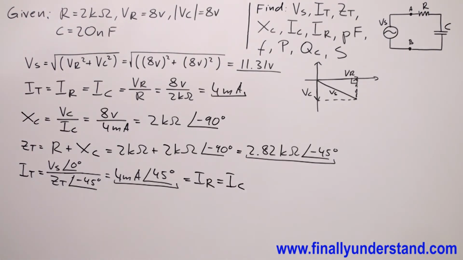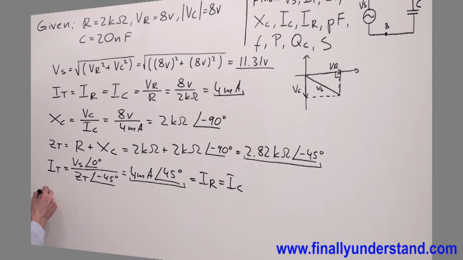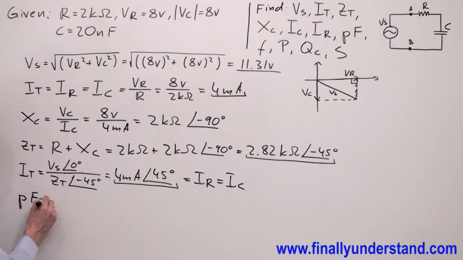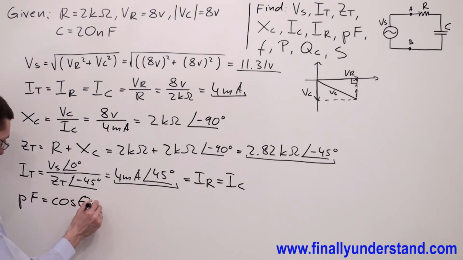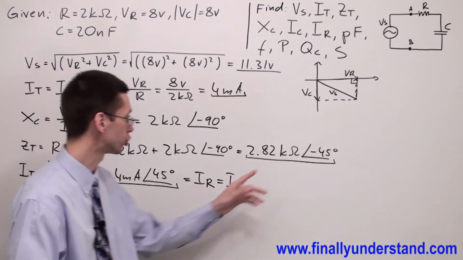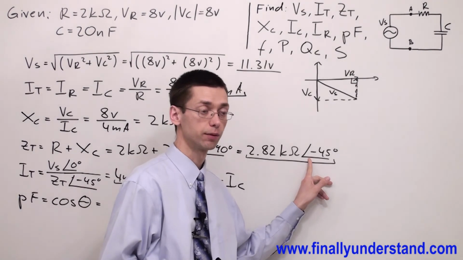Next, we're supposed to find the power factor. Power factor is equal to the cosine of angle theta, where angle theta is the angle next to Z total.